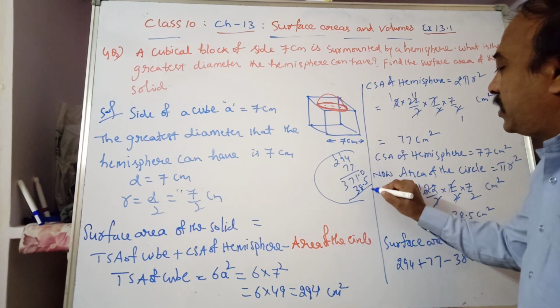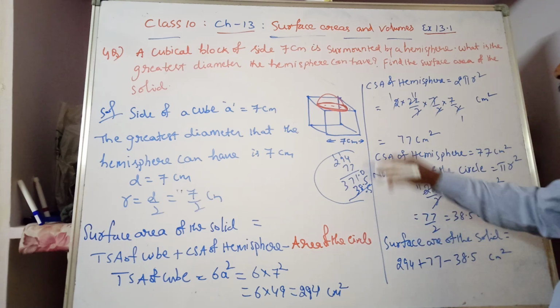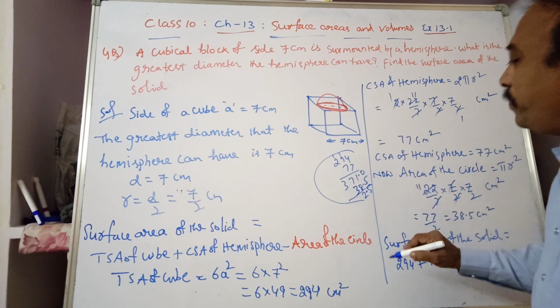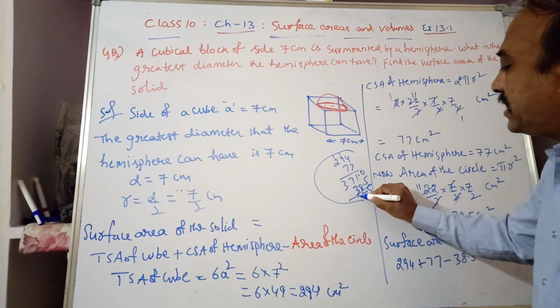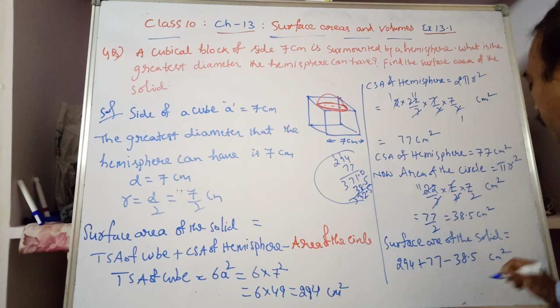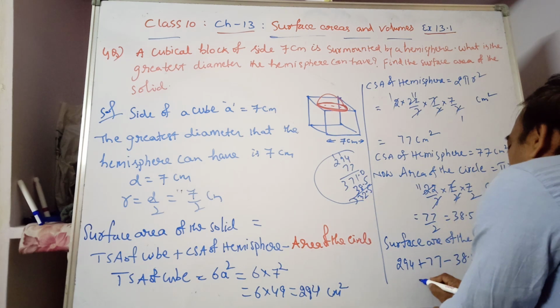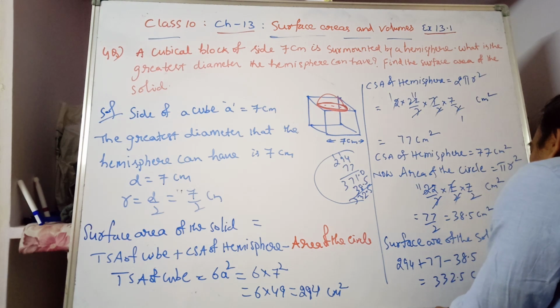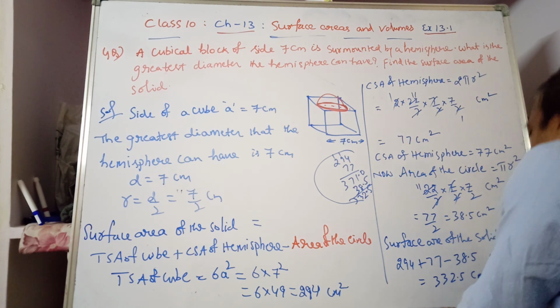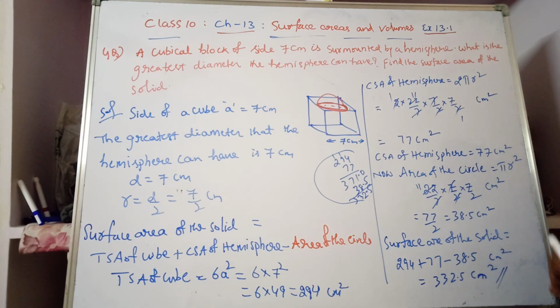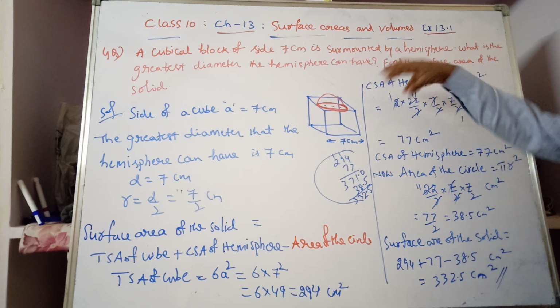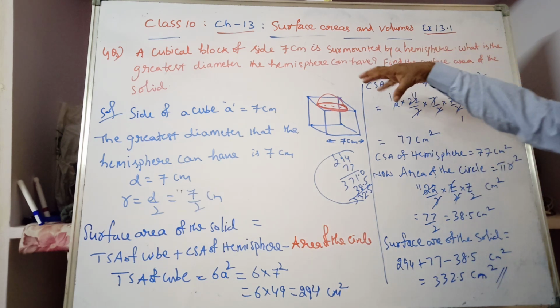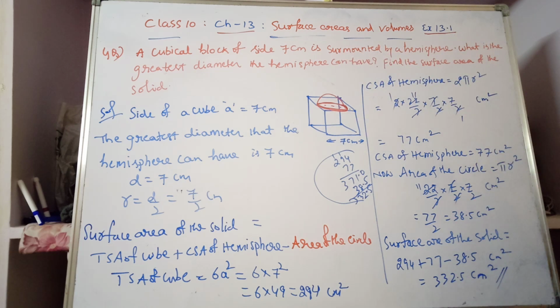So borrowing, 10 minus 8, 2, borrowing, 6 minus 3, 3, and this is 3, which is equal to 332.5 centimeter square. This is the surface area of the resulting leftover cuboid solid shape which is given in the question.